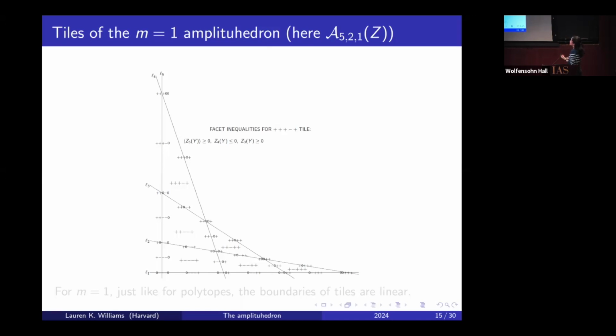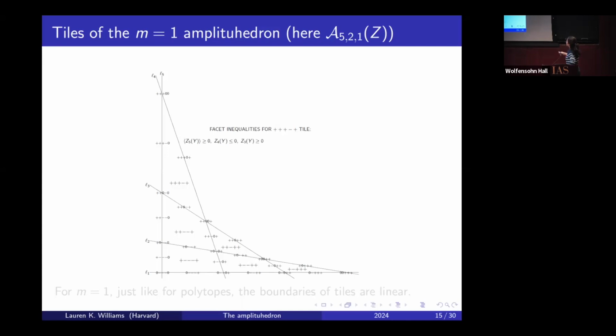So in particular, each of these bounded regions is the image of a cell in the positive Grassmannian. And I'm labeling the bounded regions by signs, based on which side of each hyperplane they're on. And here, our twistor coordinates exactly tell us where we are with respect to these hyperplanes. So for example, if you take this tile here, then its facet inequalities are: the twistor coordinate z5 is non-negative.